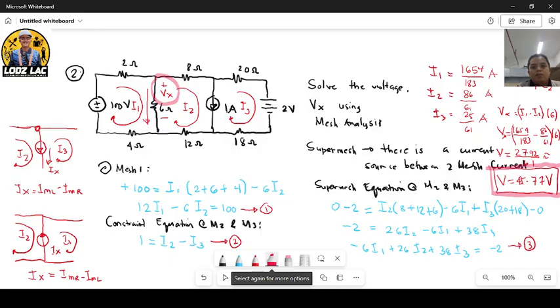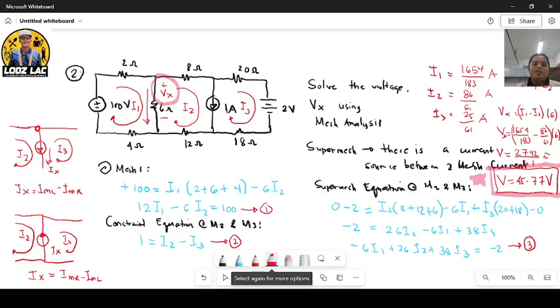Tapos, negative 6, 26. Tapos, 38, negative 2. 1654. Okay. So, this is the final answer, guys. So, this is correct. The answer is 45.77 volts.